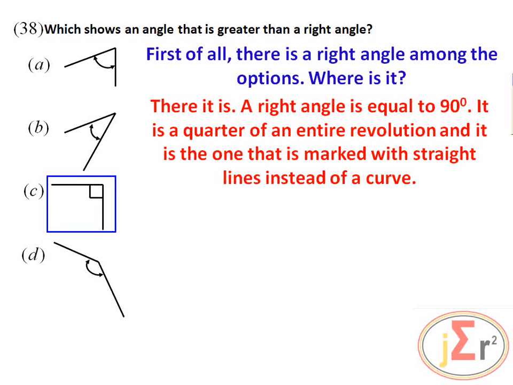A right angle is equal to 90 degrees. It is a quarter of an entire revolution, and it is the one that is marked with straight lines instead of a curve. So this is your right angle. We have straight lines marking that angle, and then other angles are marked with curves.